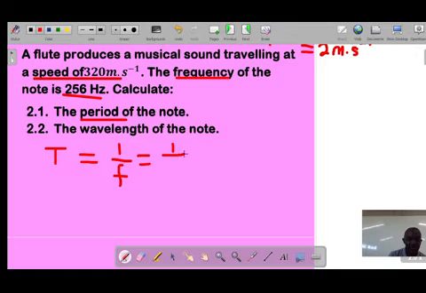256. So if I divide 1 by 256, what do I get, guys?